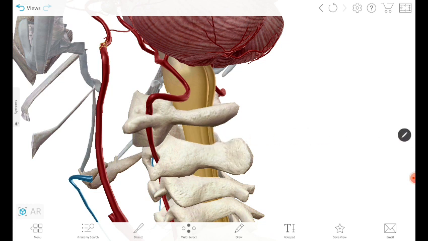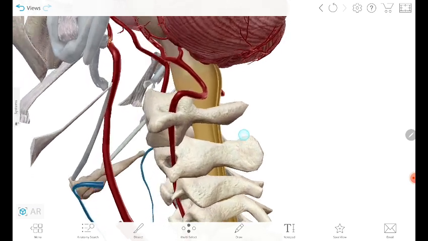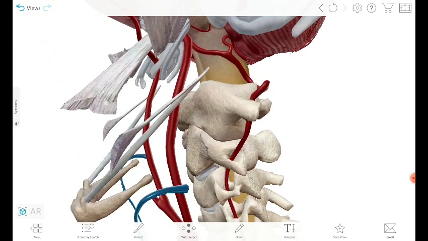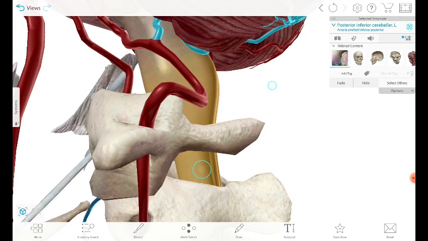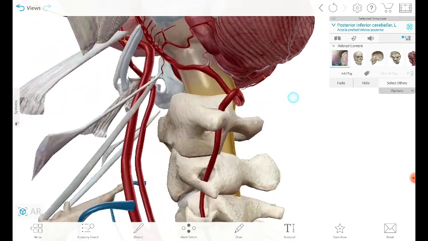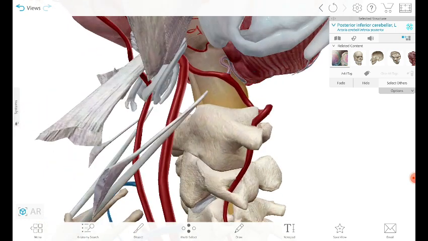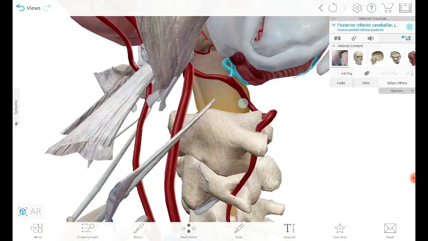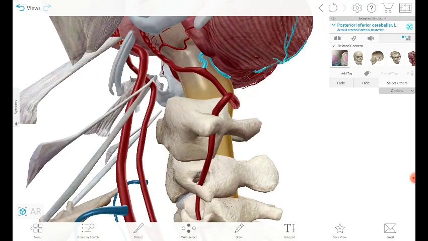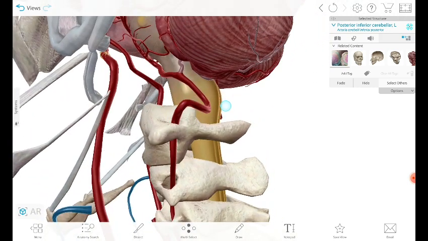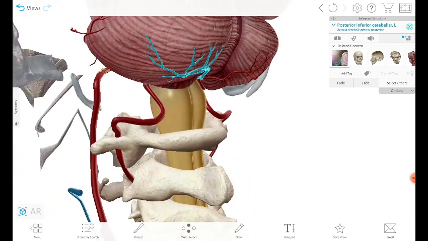Then it also gives other branches such as the posterior inferior cerebellar artery. So we will see that this branch over here is the posterior inferior cerebellar artery, and we can see it's arising posteriorly, that is posterior to the medulla, and it's traveling inferior to the cerebellum and supplying the cerebellum.